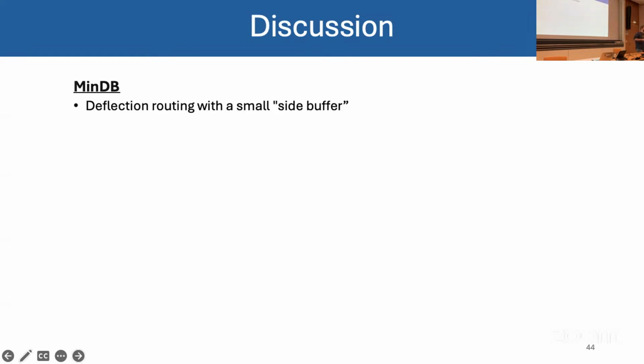So when we add buffers to BLESS, we add input buffers, so all the incoming flits first get buffered. But the idea is that when a flit would get deflected, we can just put it inside of a side buffer, and then it gets injected when there's an available input port.